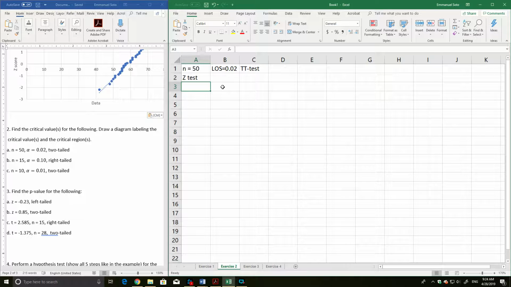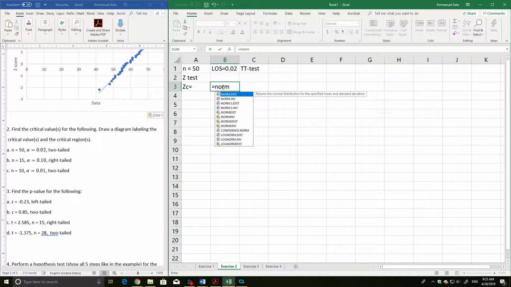So in order to find the critical value, z-crit, let me say z-crit equals, and we'll start here. You're going to use the NORM.S.INV function that we used last time, and you're going to give it a probability. So you give it the alpha, the level of significance.